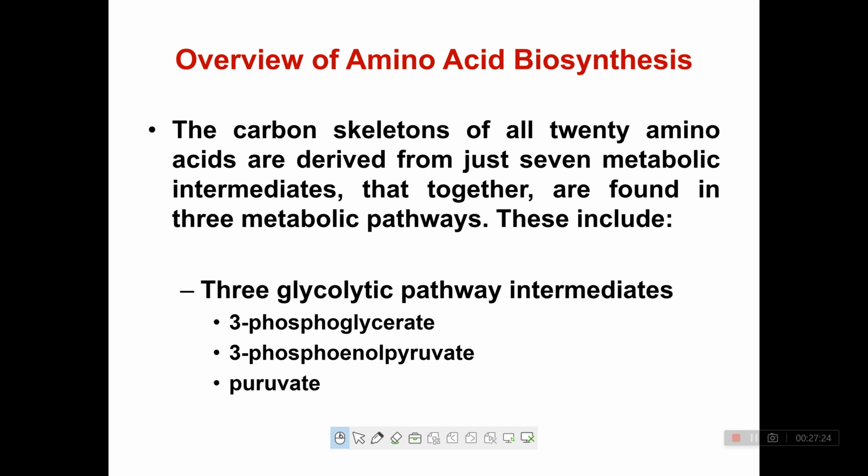Now, an overview of the biosynthesis of amino acids. How are the amino acids synthesized? The carbon skeletons of all 20 amino acids are derived from just 7 metabolic intermediates that together are found in 3 metabolic pathways.